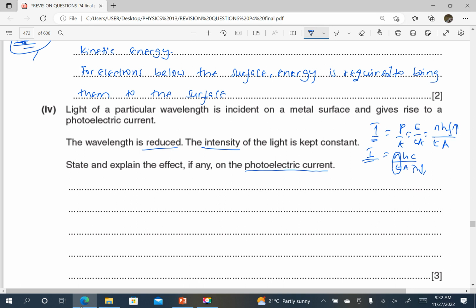Each photon will now have more energy because the frequency has increased, so there will now be fewer photons per unit time.